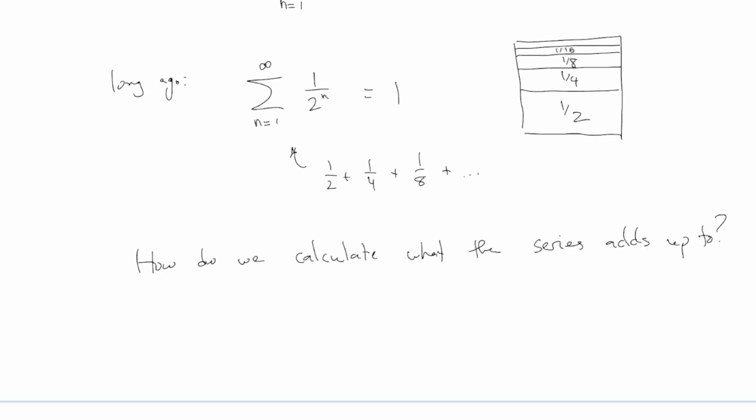So we would like some kind of formulas or some kind of general method by which we can always figure out what it adds up to. That's the major question, although for today at least, even before you get to that part, a more preliminary question would be what does it even mean?